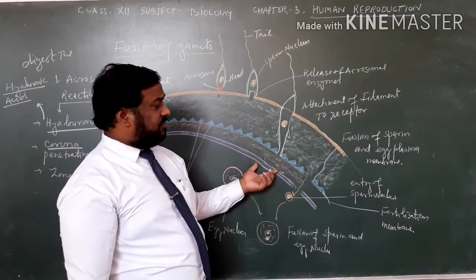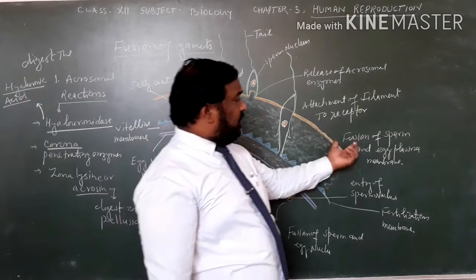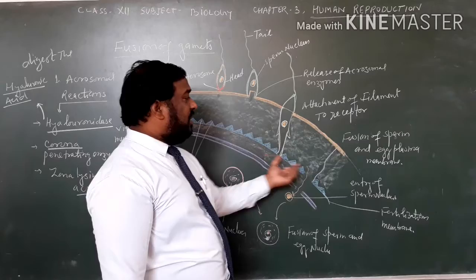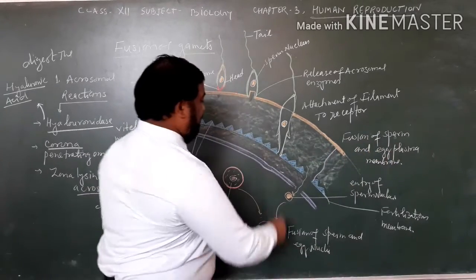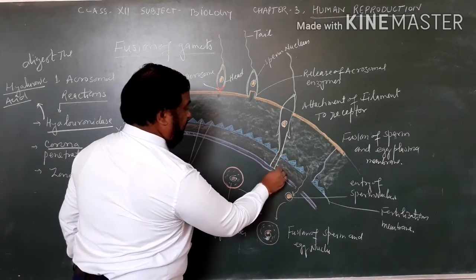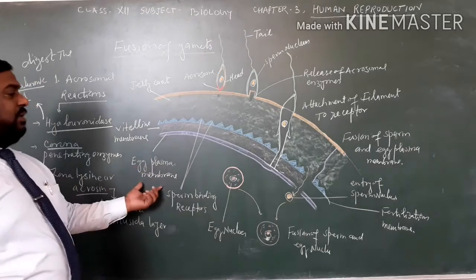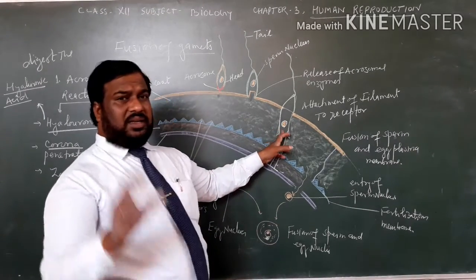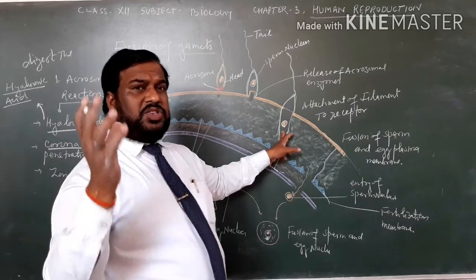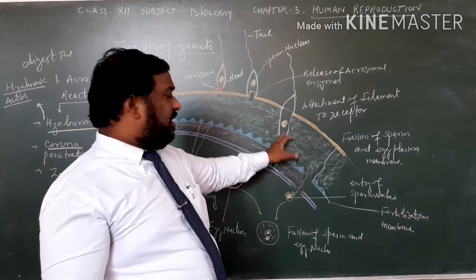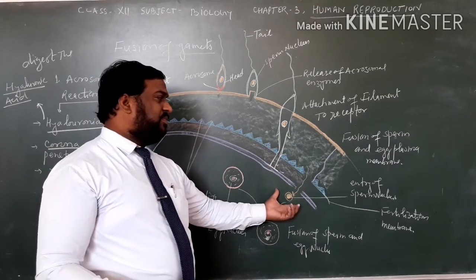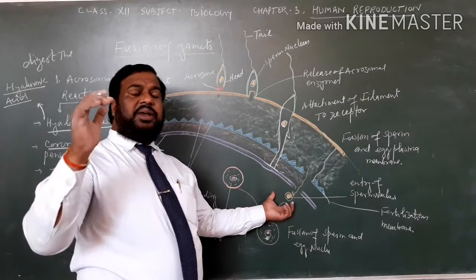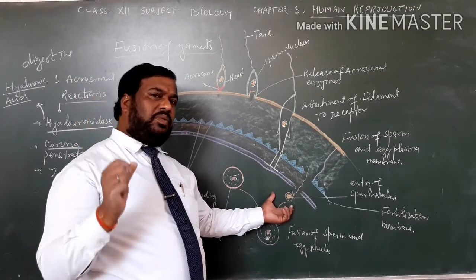After that, fusion of the sperm, means the sperm fuses with the egg plasma membrane. After that, the nucleus of the sperm is released into the egg cytoplasm. So this is entry of the sperm nucleus into the cytoplasm of the ovum.